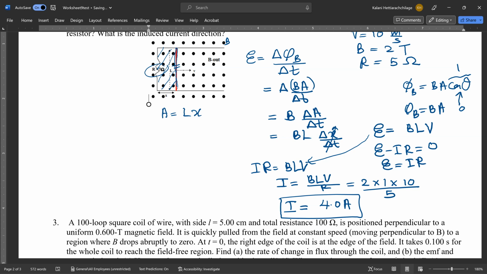Now finding direction. So now this is where you are thinking about the direction. By moving this red piece to the right side, you are increasing what? You are increasing cross section, right? That is right. By increasing cross section, you are increasing flux basically, right? So now you need to decrease the flux, right?